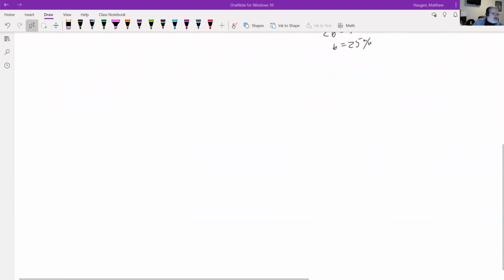So the nice thing about section 9.3 is it's really, technically speaking, not that different. It's just at quite a bit larger of a scale.